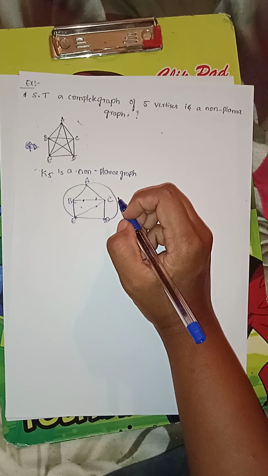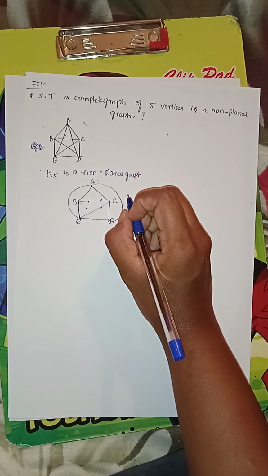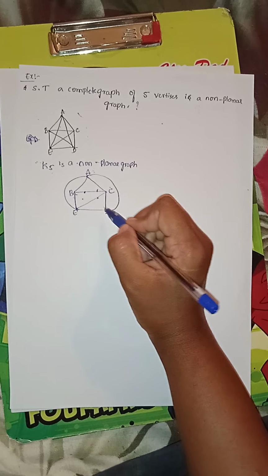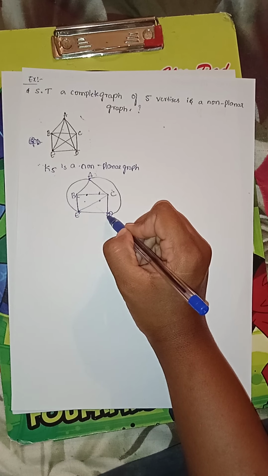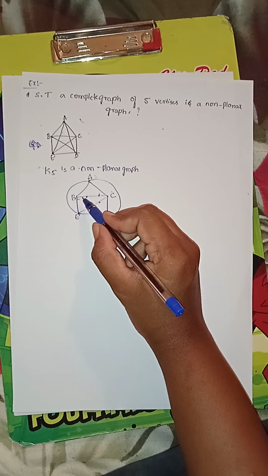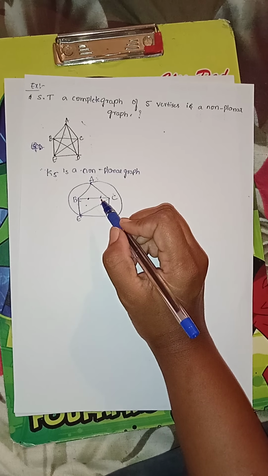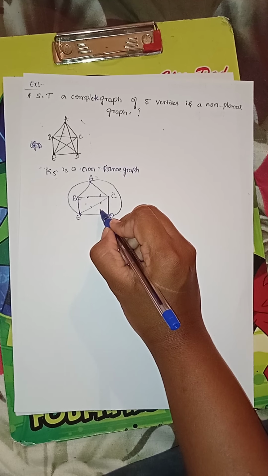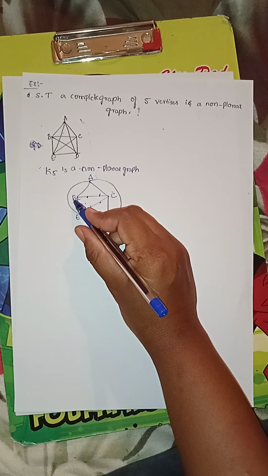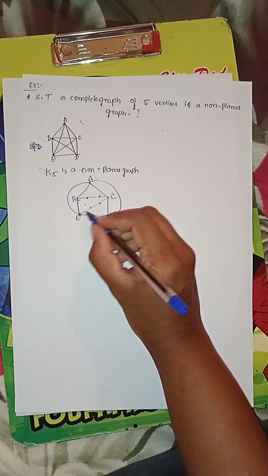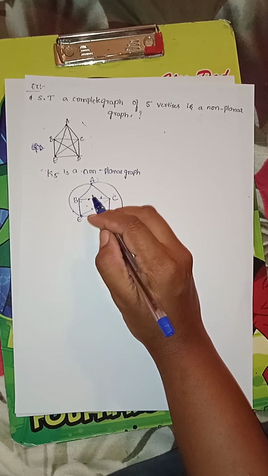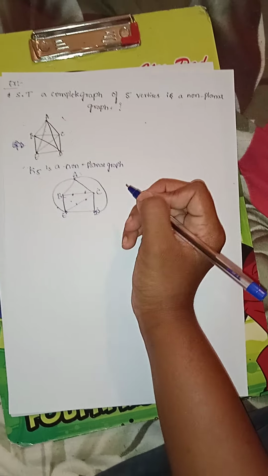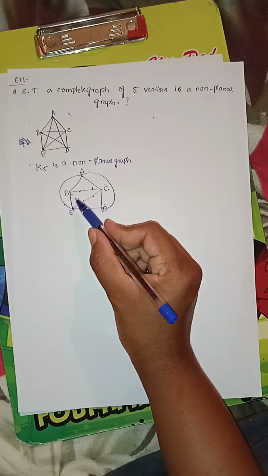Up to these points there are no crossing edges. Now we connect B to D. In this way we cannot connect it, because the edges cross at this point. So we connect like this, and two edges cross each other. There is no way to connect B to D.